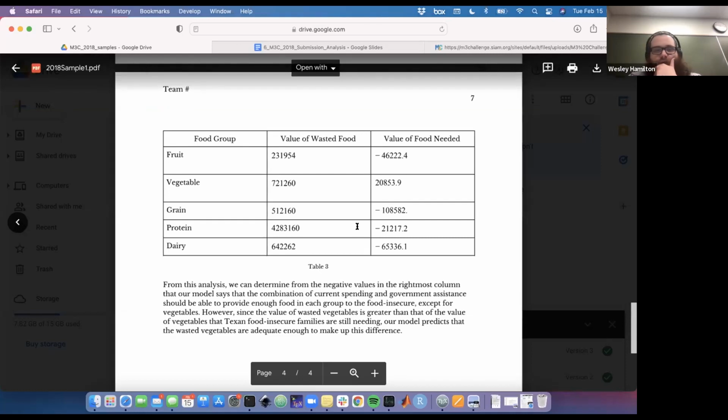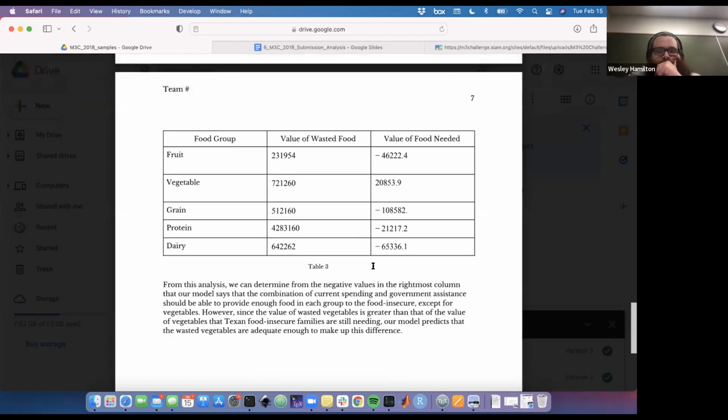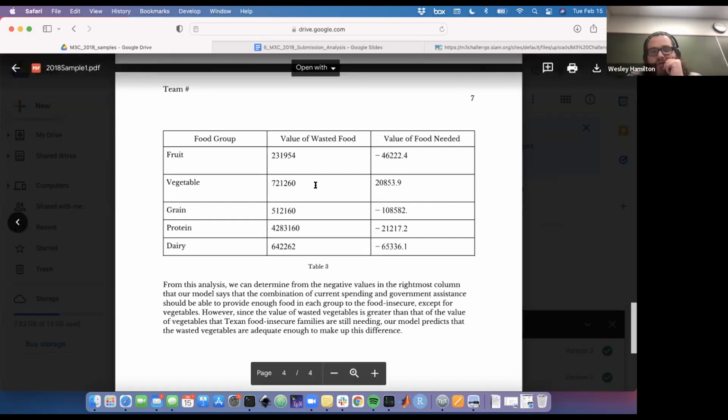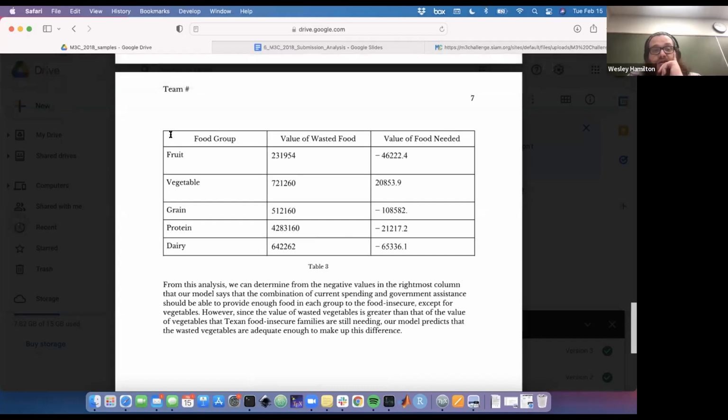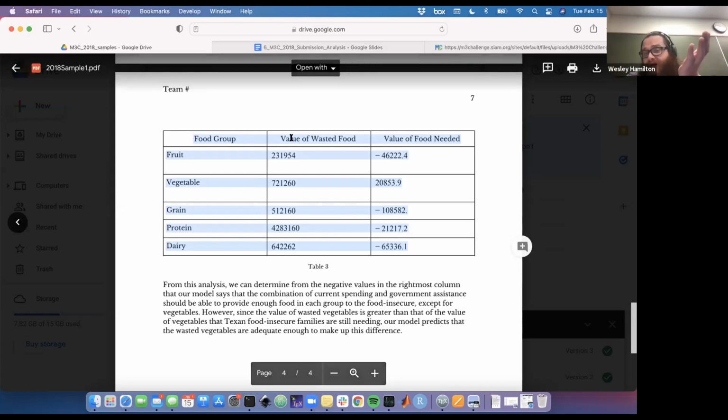Any other comments? Okay. Well, one of the things I really would have liked to see is a better summary and discussion of the results and how to read this table.